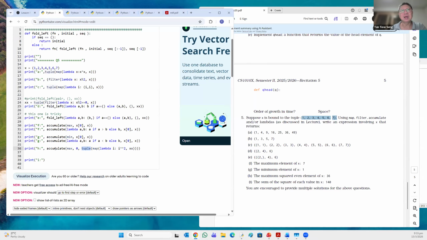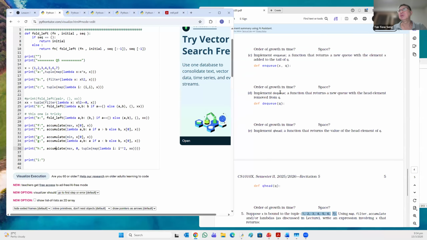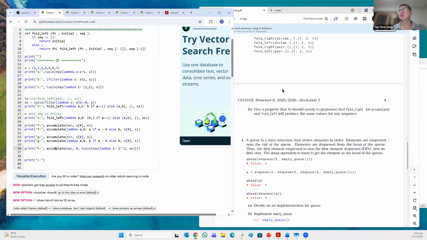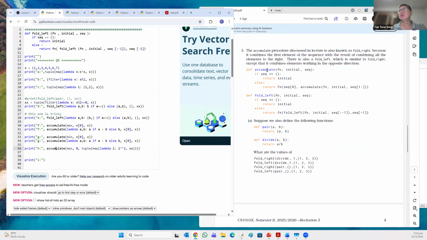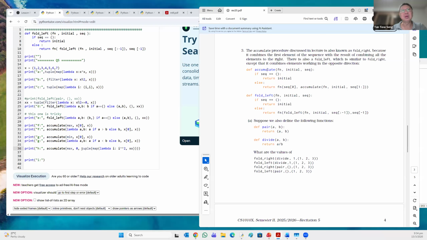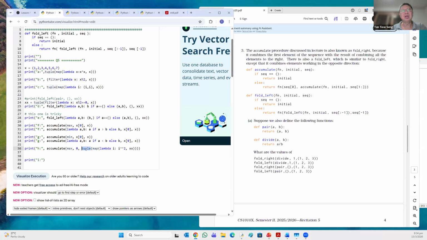Why? Because my accumulate is my own accumulate, like in the previous question number 3. So I have to work with actual numbers, not objects. If I take this away, it becomes an object, I cannot work. And the maximum started with 0, and among them, which one is largest? 36 is largest.